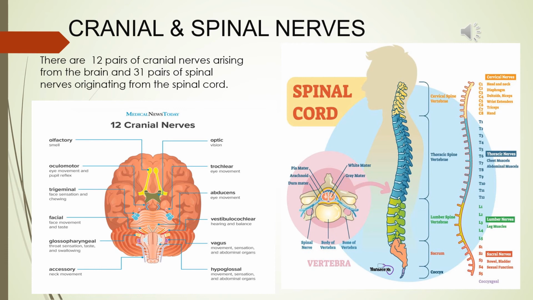Trochlear, that is eye movement. Abducens, that is eye movement, another type of. Next one, vestibulocochlear, that is hearing and balance. Next one, vagus, that is movement, sensation and abdominal organs. And the last one, hypoglossal, that is movement, sensation and abdominal organs also.